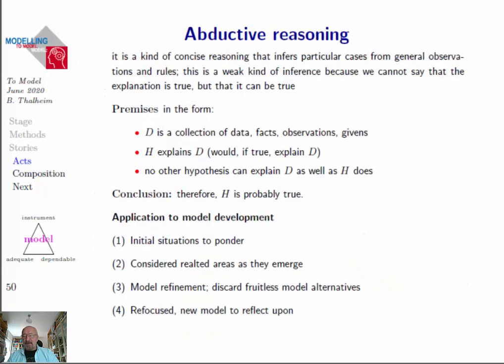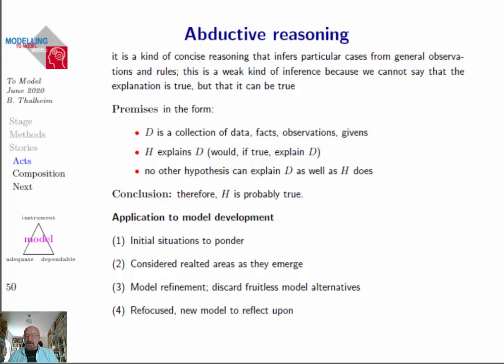Additionally, we use abduction. Abduction is nothing else but reasoning on the causes for something. So it means we have a number of data or data collection, and we try to have an explanation of the data in such a way that this explanation is as minimal as possible.